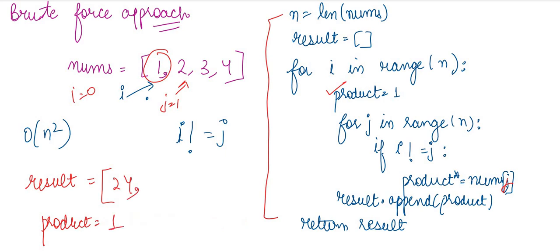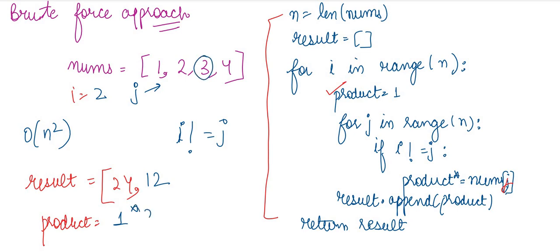Now will be the time for the next i, which is 1. So this time j equal to 1 will not be considered, other values of j will be considered. Multiply 1, j equal to 2, not considered, direct 3, 4. So 12 I will store here, make it 1 again, i is 2, this time j value 2 will not be considered, other values you can multiply.